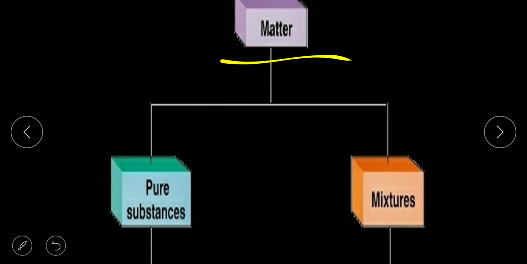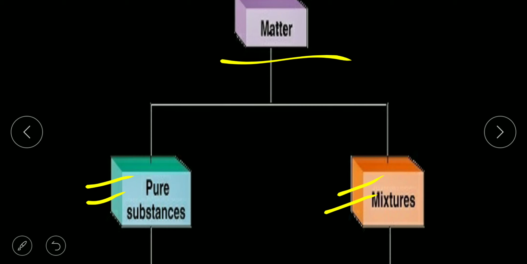Matter, on the basis of chemical composition, is classified into two main types: pure substance and mixture. A pure substance has a definite chemical composition. It always has the same properties regardless of its origin. A mixture has no definite chemical composition and hence no definite properties. Examples of pure substances are pure metal and distilled water.